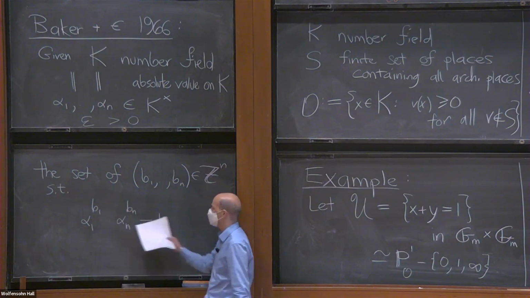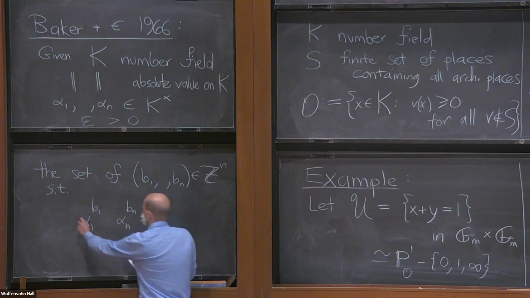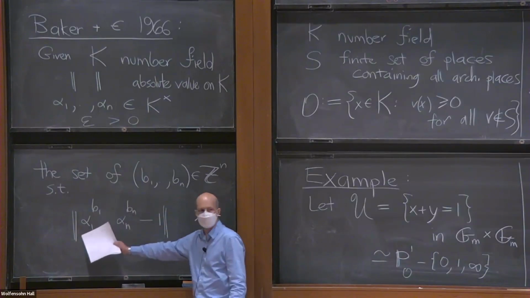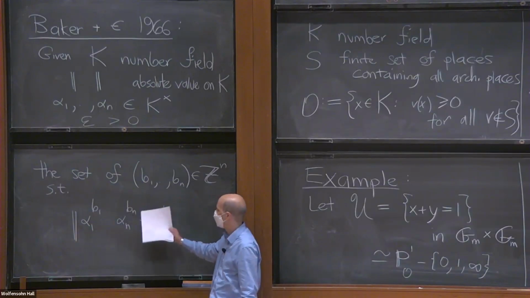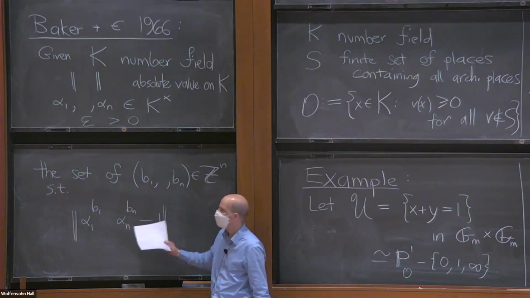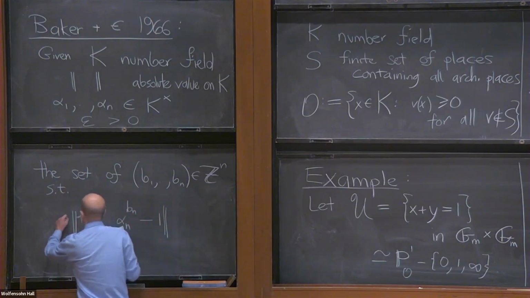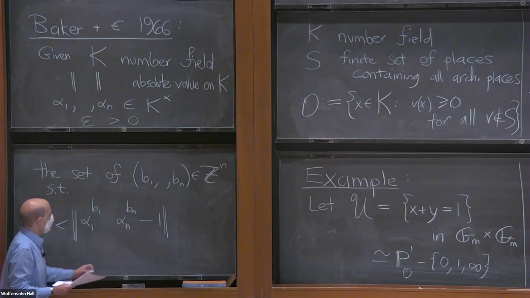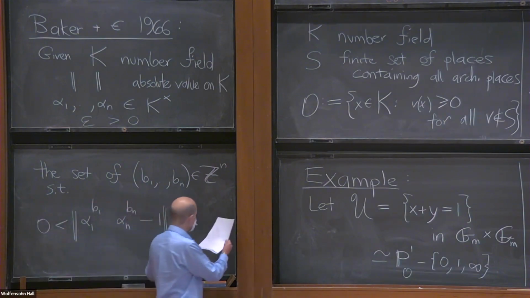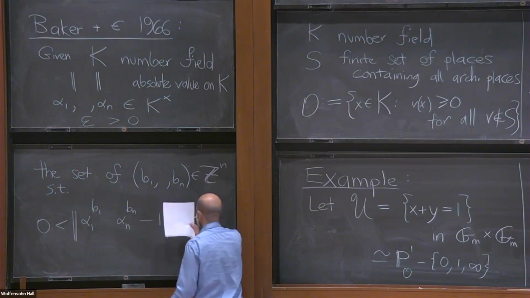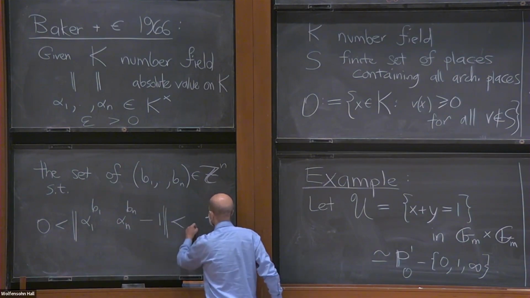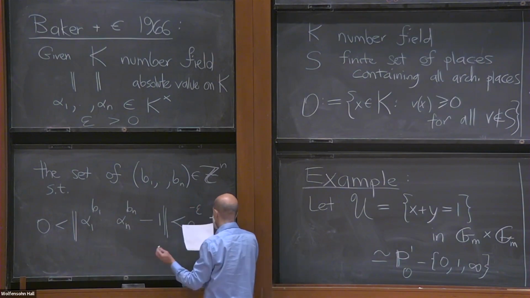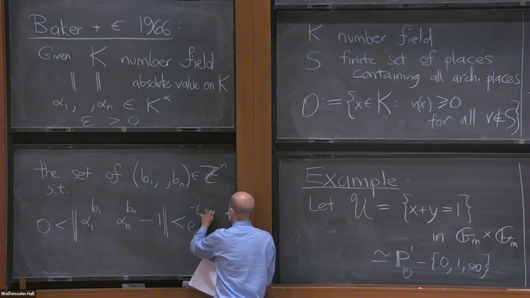This is essentially like asking how close b1 log alpha 1 plus ... plus bn log alpha n can be to 0. We don't want to consider cases when this is actually equal to 1. So the statement is that there are only finitely many solutions where this is very small. And how small is it? It's going to be e to the minus epsilon times the max of the bi.